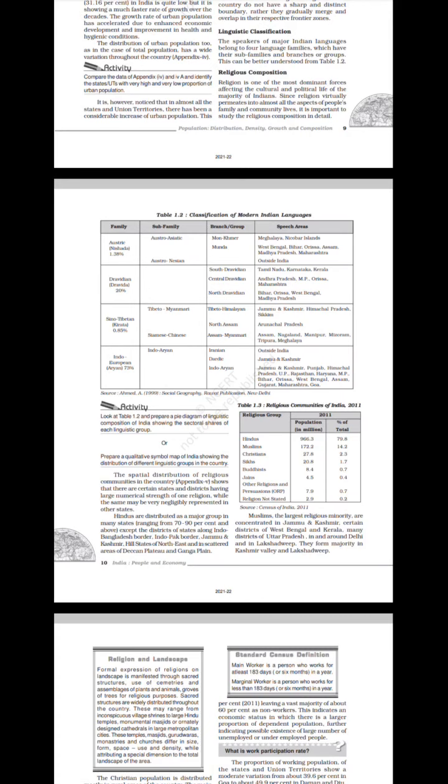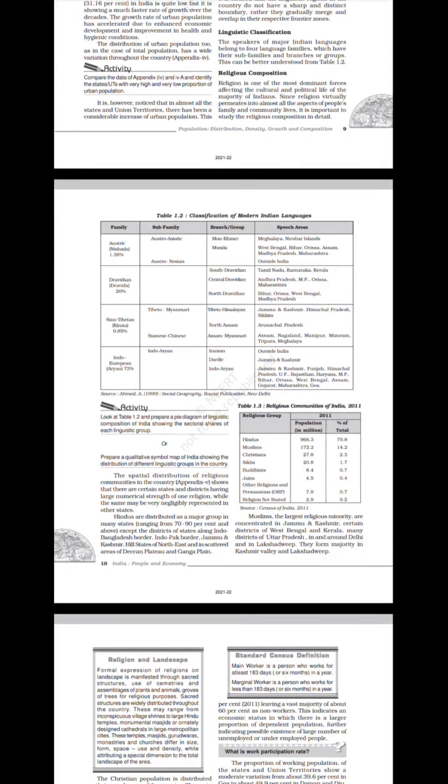The spatial distribution of religious communities in the country, Appendix 5, shows that there are certain states and districts having large numerical strength of one religion, while the same may be very negligibly represented in other states. Hindus are distributed as a major group in many states, ranging from 70 to 90% and above, except the districts of states along the Indo-Bangladesh border, Indo-Pak border, Jammu and Kashmir, hill states of the northeast and scattered areas of Deccan Plateau and Ganga Plain.